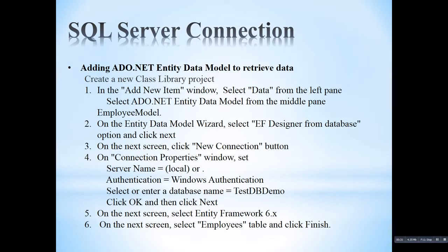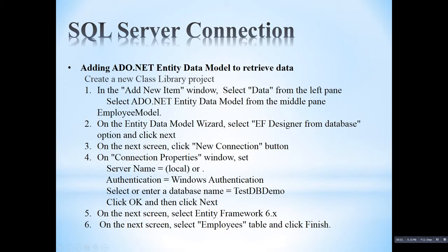How to create an ADO.NET entity data model in the Web API project. These are the steps. Here I am creating a new project, a class library project, and these are the steps how to add the ADO.NET entity data model.